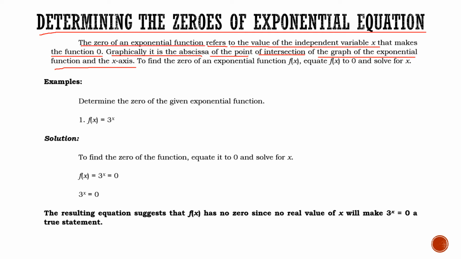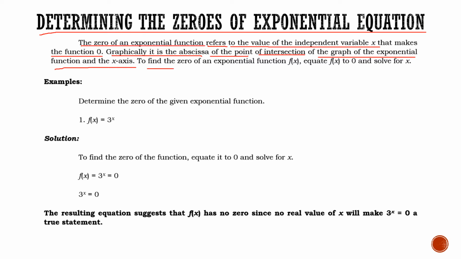Therefore the value of the function f of x at that point of intersection is equal to 0, because that point falls exactly on the x-axis. So there is no y-coordinate for that point. There's only an x-coordinate, meaning there is a horizontal distance from the y-axis, but no vertical distance from the x-axis, because it falls exactly on the x-axis.